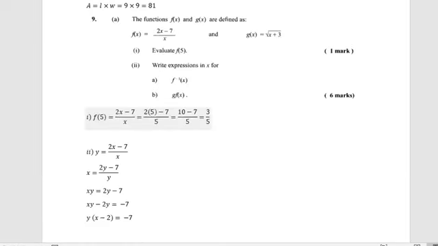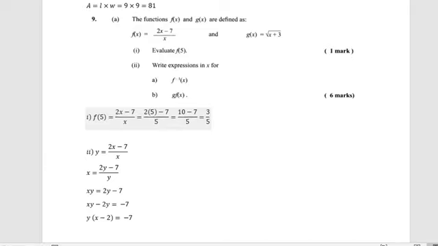Part B asks us for g of f of x. Basically, wherever in g we see x, we will replace it with f of x, which is (2x minus 7) over x.